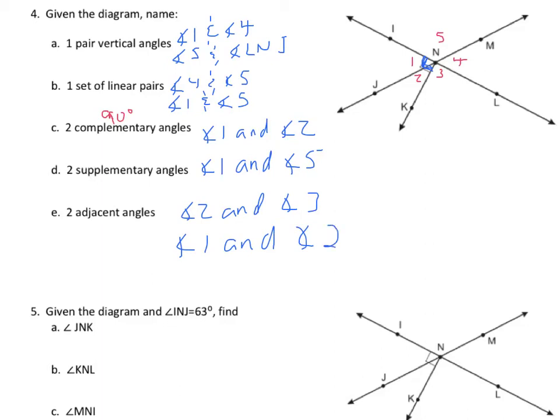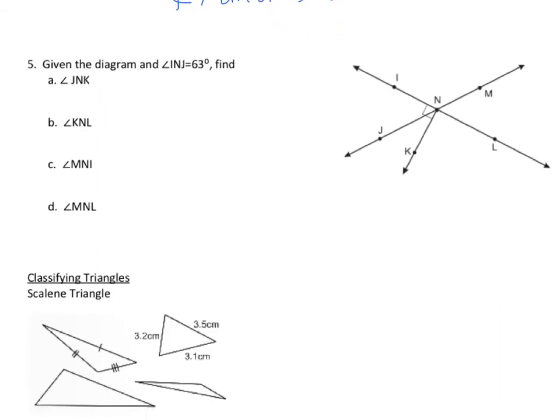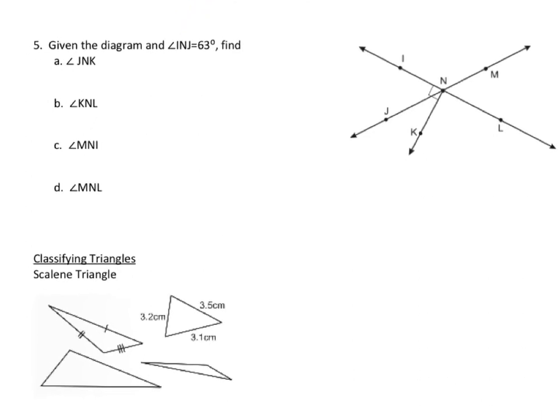So if we go to 5, given that diagram, let's answer A through D. You know that INJ equals 63 degrees. Find J and K, K and L, M and I, or M and L. So what's J and K? J and K is right here.